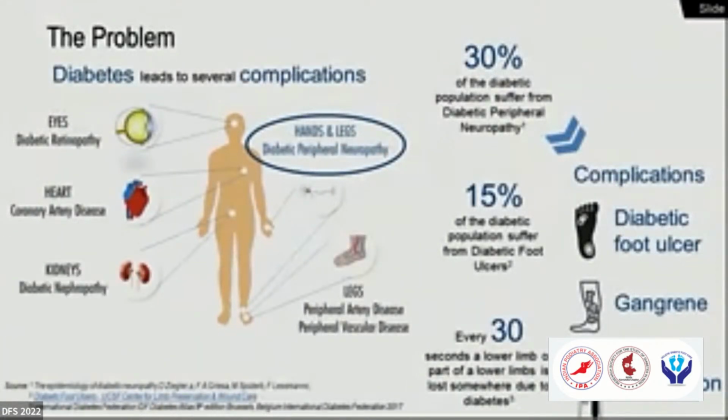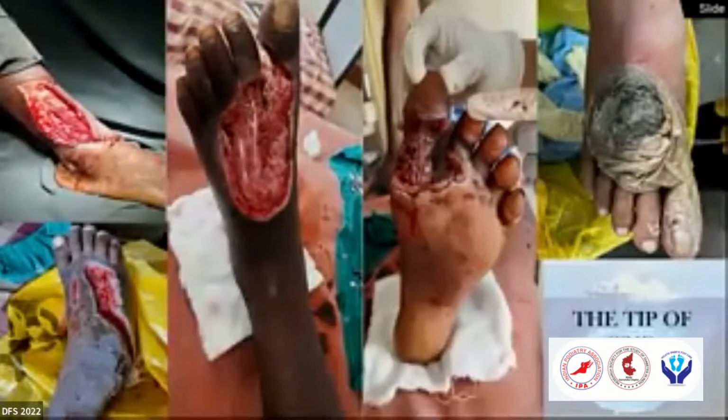Everybody knows diabetes is not just a problem of reduced insulin or resistance to insulin. There's much more to it, and many more organs are involved. Here we're going to give importance only to the foot. This ulcer is nothing but the tip of an iceberg. Whenever a patient comes to you, it is not just the foot.